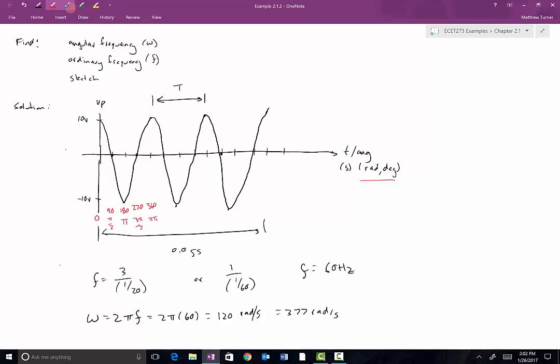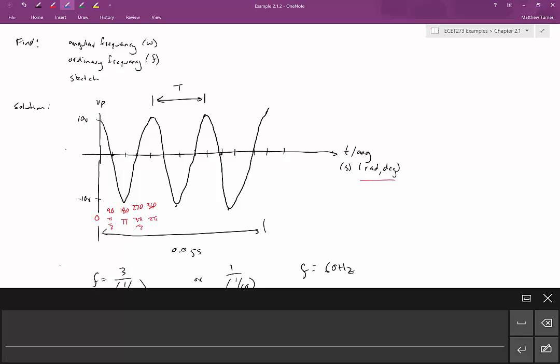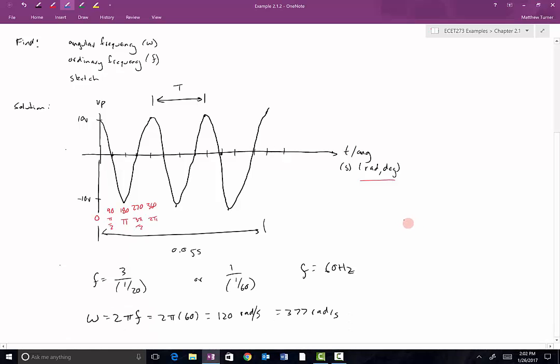The next question is, we're also asked to specify what these units are in terms of seconds. So we'll use the angular frequency to determine the time here. If we did 0 radians and divide it by 120 pi radians per second, we get 0 seconds there.